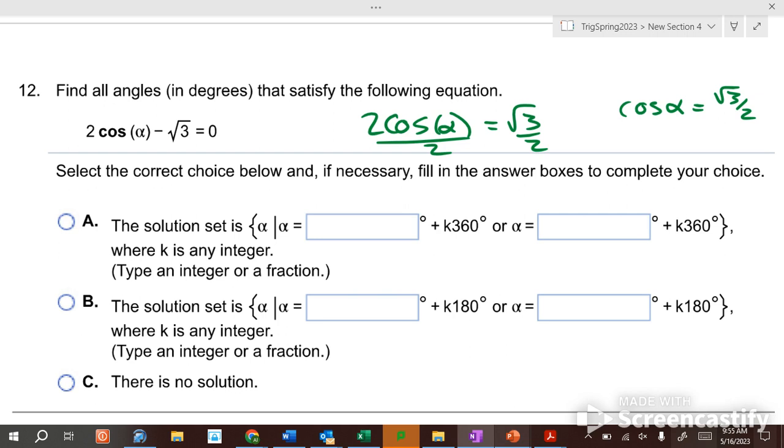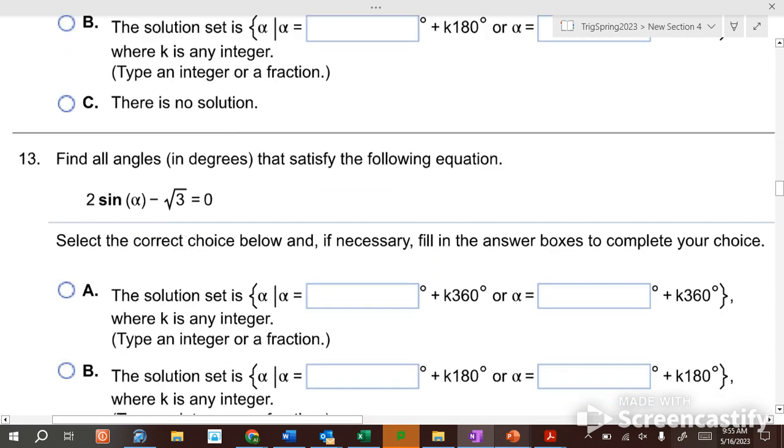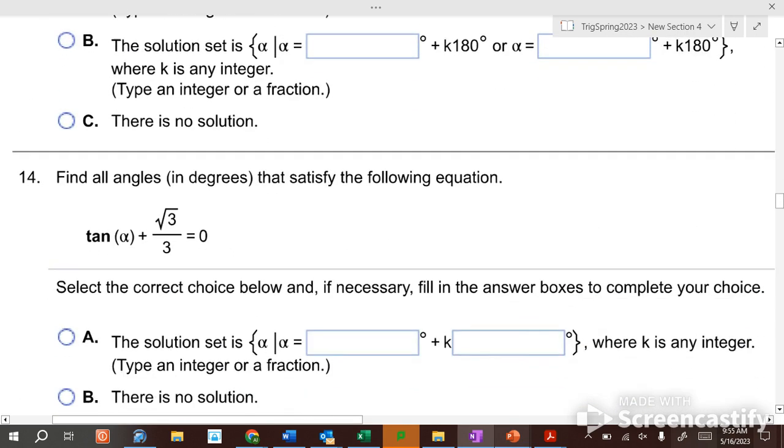And now we want it in degrees. 30 degrees, and where else on the unit circle? 330 degrees. Okay, so you add 360 degrees onto each of those. Don't add 180. If you add 180, that's more of a tangent thing. 360 is sine and cosine. Okay, all right, so we'll have a few like that.